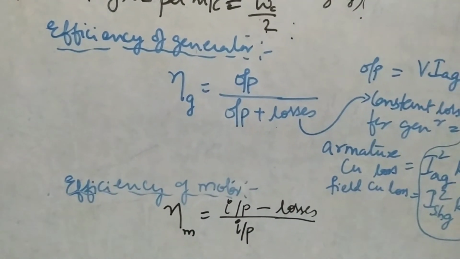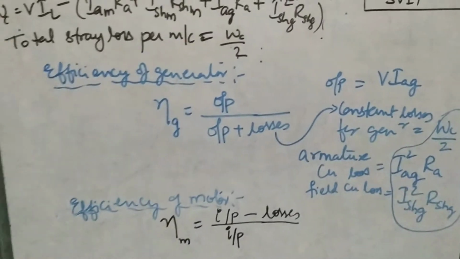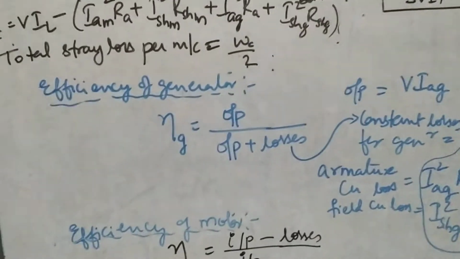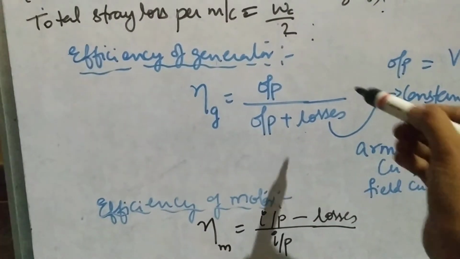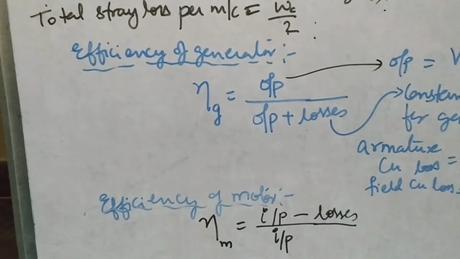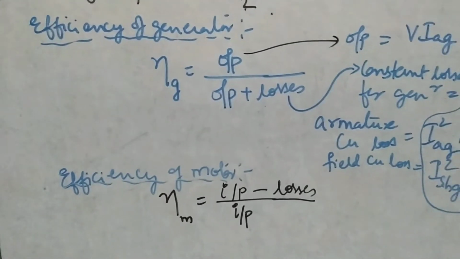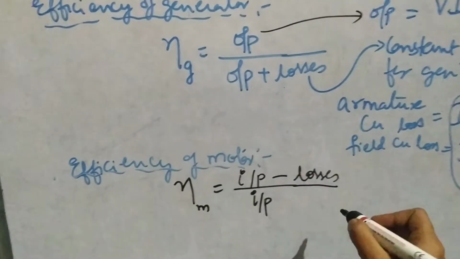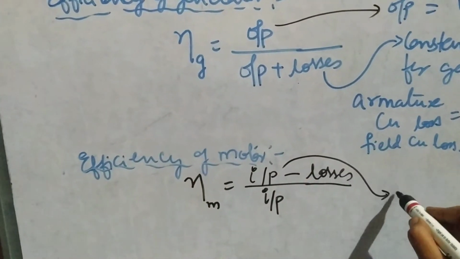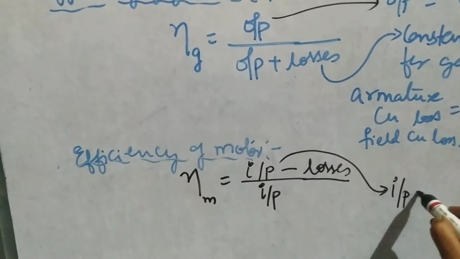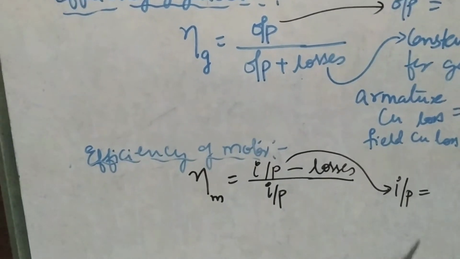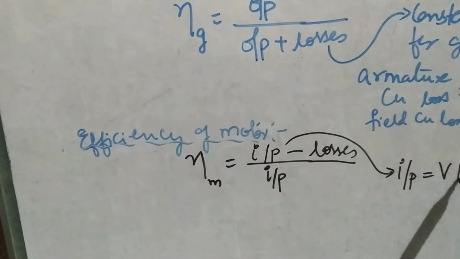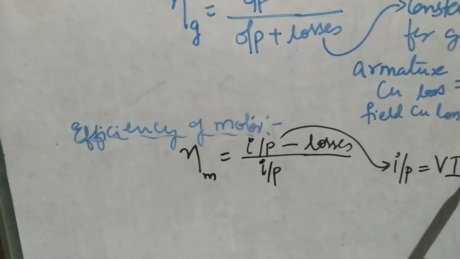So what input will be there here? What are you going to substitute here? Again we have to think about it. Similarly to how you have written here, like that only you have to express this. So what will be the input? See, it is an electrical input, so V into IM.